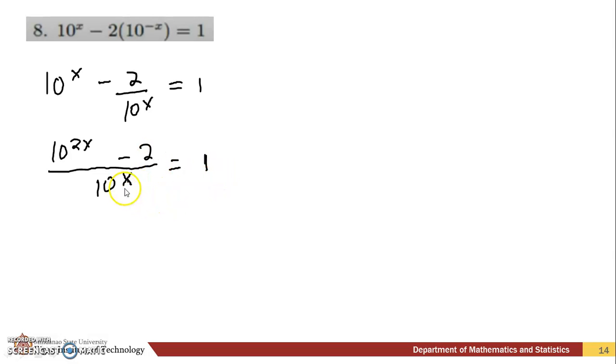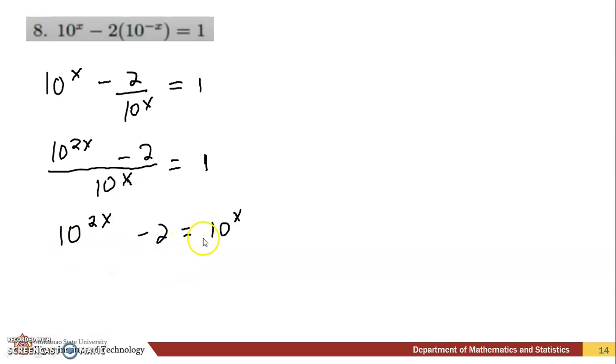To get rid again of the fraction, you can multiply both sides of the equation by 10 to the x. So that you will have 10 to the 2x minus 2 equals 1 multiplied by 10 to the x, which is 10 to the x.